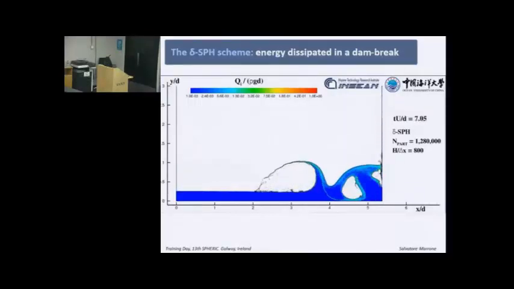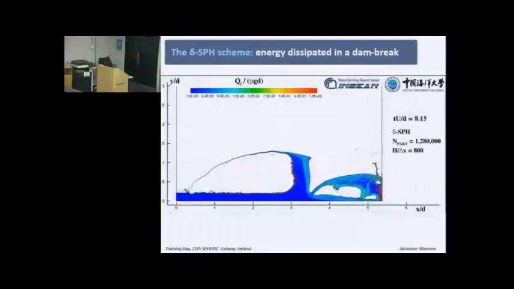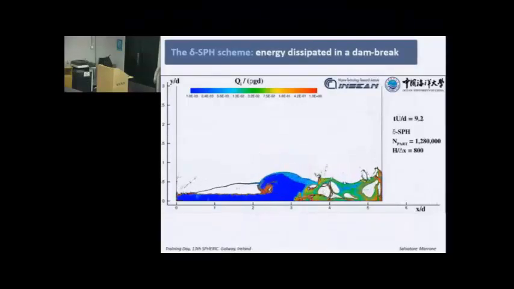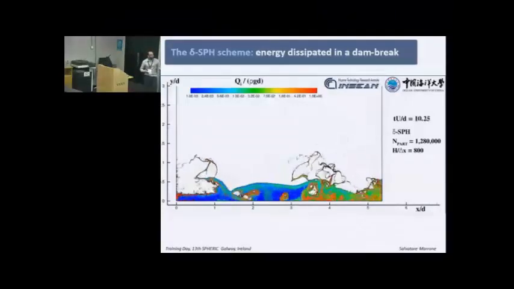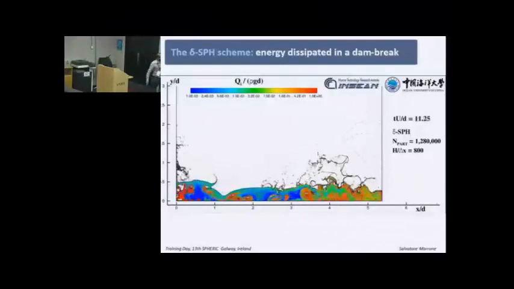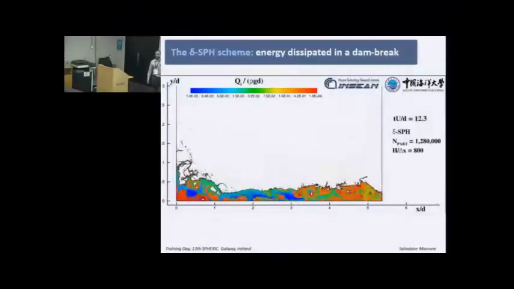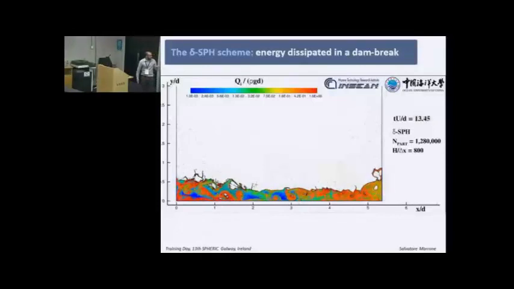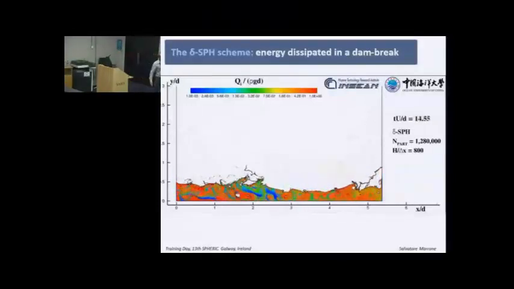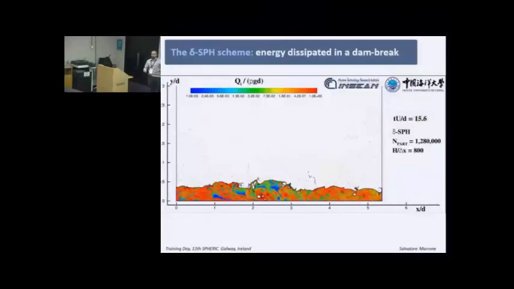Then at the impact, you see that some energy is dissipated here, and then bam. Then there is a lot of energy dissipated due to the impacts, and then due to the vorticity, because of the artificial viscous terms. And you see that the flow gets more and more red because of dissipation of energy inside our scheme. And we can exactly track where this energy is dissipated and which particles are dissipating energy.